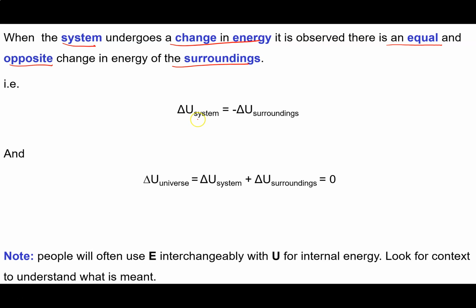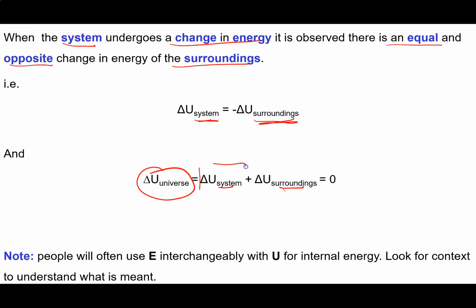So whatever change in energy the system undergoes, there will be an equal but opposite change in the energy of the surroundings. We can reorganize this. The universe is just composed of two components, right? It's composed of the system and the surroundings. So if I add together the change in energy of the system and the change in energy of the surroundings, I would get the change in energy of the universe.